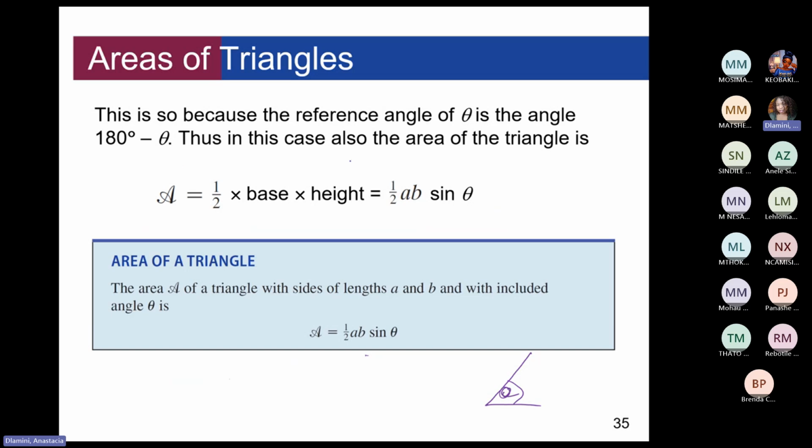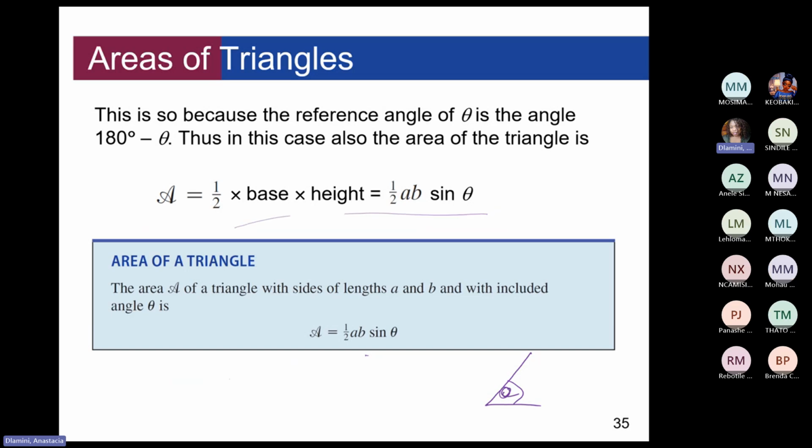Thus, in this case, also the area of the triangle will be like this. Are we all together there, yes or no? Yes, ma'am. So now they're saying the area of a triangle with sides A and B with an included angle is this one over here. Doesn't change.